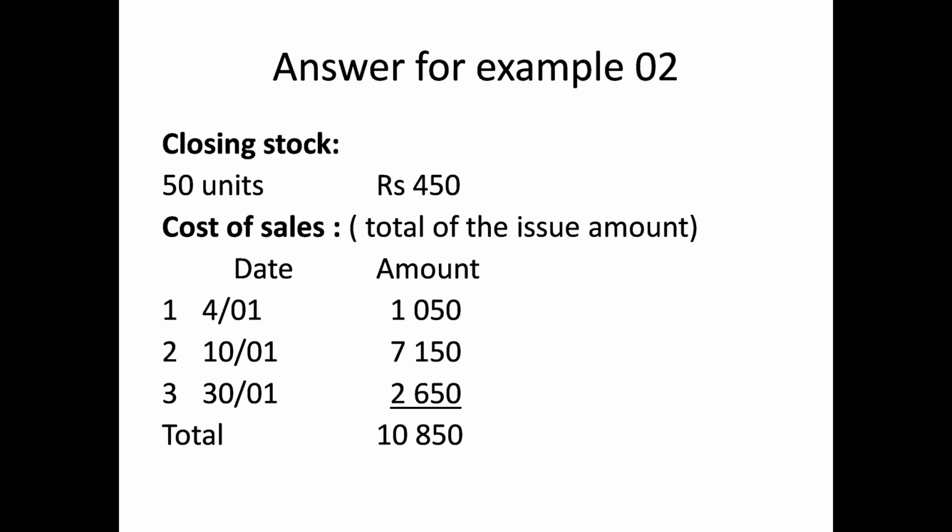Value of the issue is 7150 plus the last issue you have issued on 30th January. Value of the issue is 2650. Now get the total of all 3 issues. The total cost of sales value is 10,850.